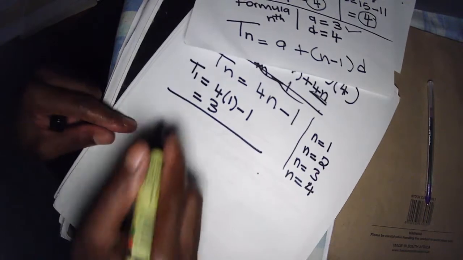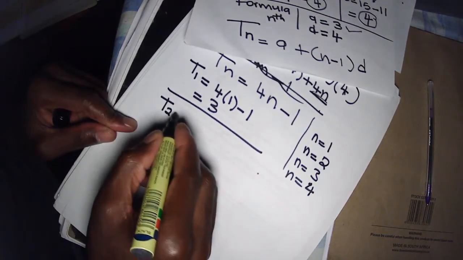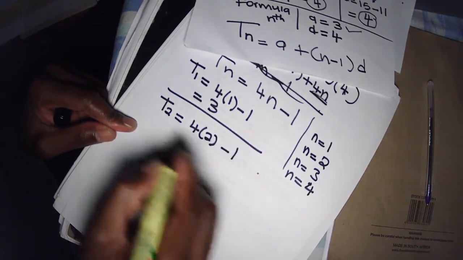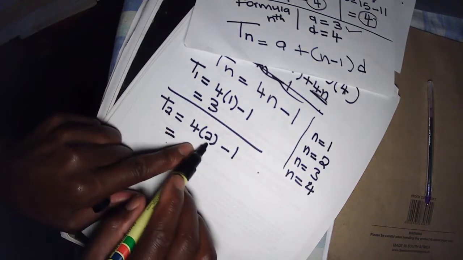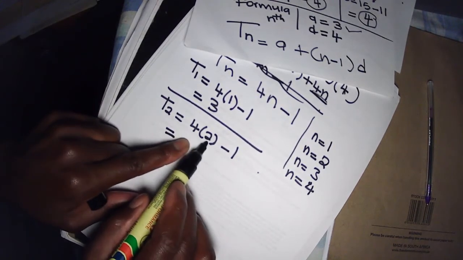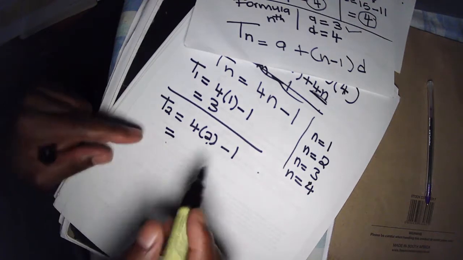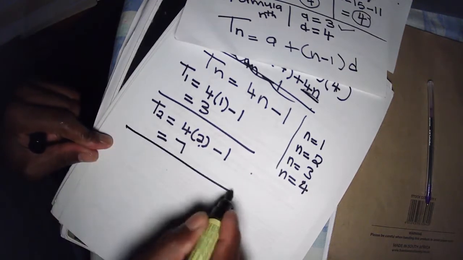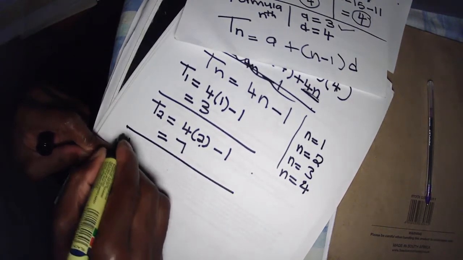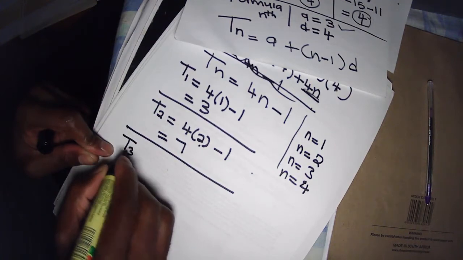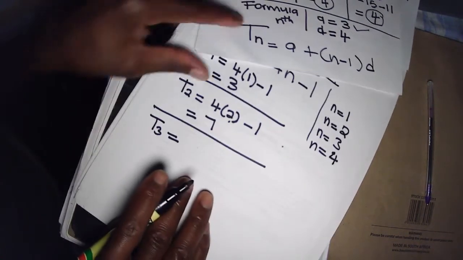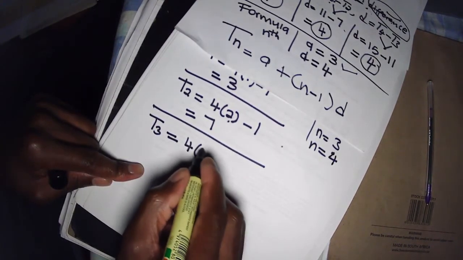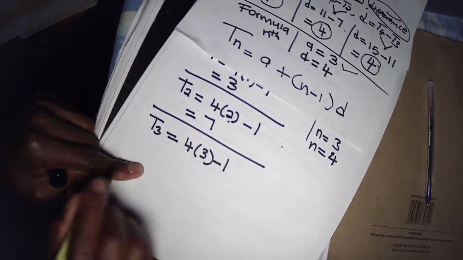Now let us try t2. All right, so 4 times 2 is 8 minus 1. Okay, we get a 7. All right, let us continue. Sub t3, so you're gonna do it like this. We put 3 subtracting 1.